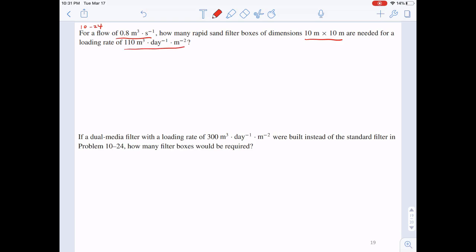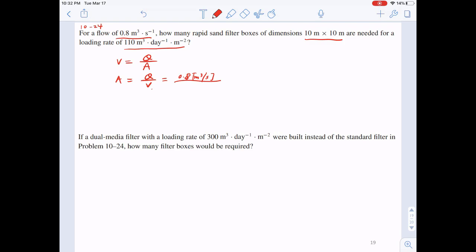The loading rate is calculated by Q divided by A, so A is equal to Q divided by V, where V is the loading rate. First we need to convert all of these units into standard units. The flow rate is already in standard units, 0.8 meter cube per second.